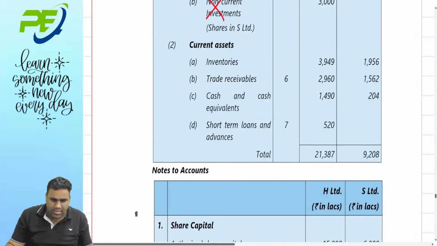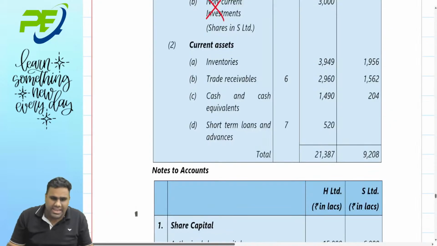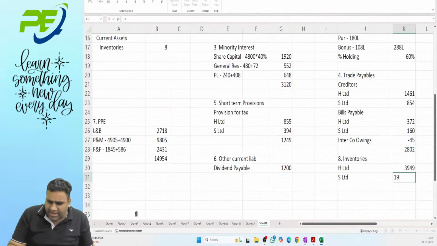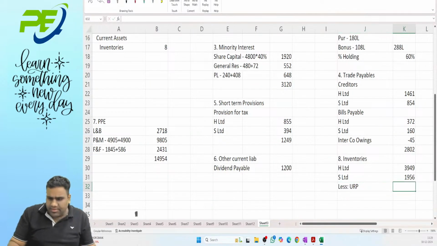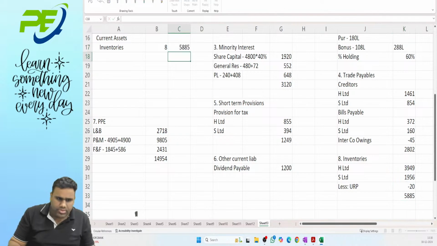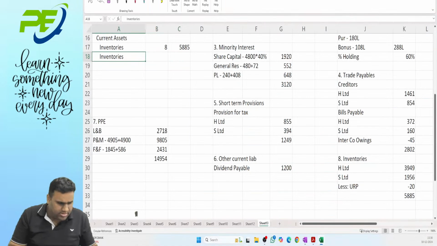Again, directly they have given H and S. Very good. 3949, S Limited 1956, less unrealized profit, 5885. Inventories over. Then trade receivables.